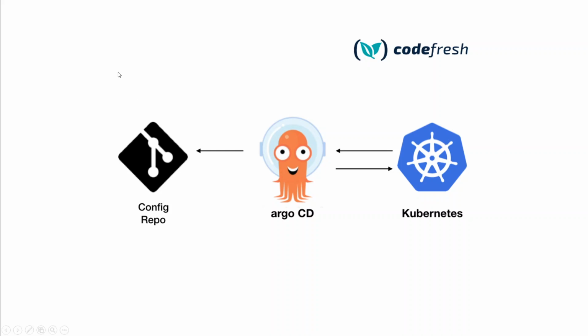So after the CI like BuildKite triggers and builds the artifact like the container image in the repository, and the Kubernetes manifests are also committed into the Git repository, Codefresh picks it up and then deploys it in the Kubernetes cluster. And Codefresh makes sure that the desired state in the Git repo is synced with the current state in the Kubernetes cluster.